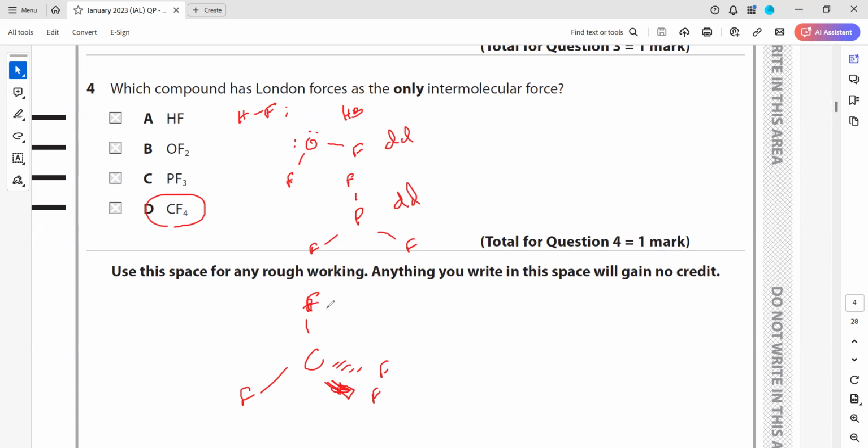Bonds are polar, but the molecule will be non-polar, the same concept as methane. In methane the bonds are non-polar and the molecule is also non-polar. But here the bonds can be polar, yet overall they cancel out the net effect. So when we have a non-polar molecule, they always have dipole induced dipole force, or dispersion forces, also called London forces.